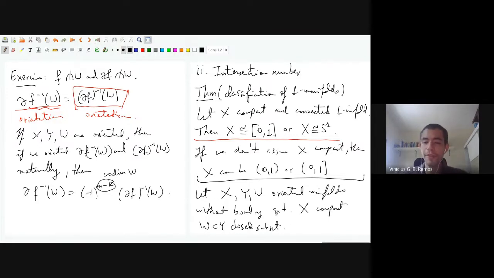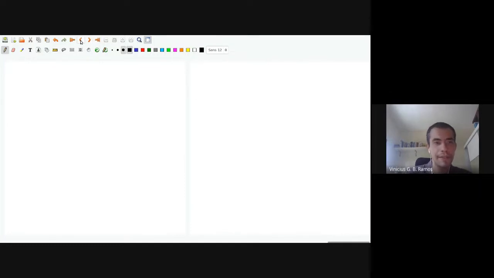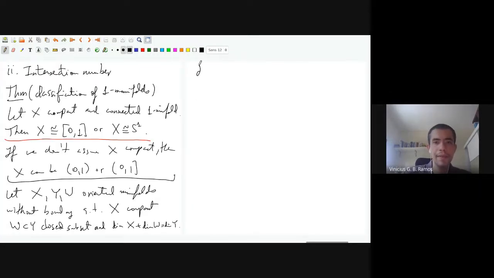And I also want to suppose something about the dimension. I want to suppose that the dimension of X plus the dimension of W equals the dimension of Y. Another way to say this is that the dimension of X is equal to the codimension of W. The reason I make this assumption is that now I can look at the preimage.